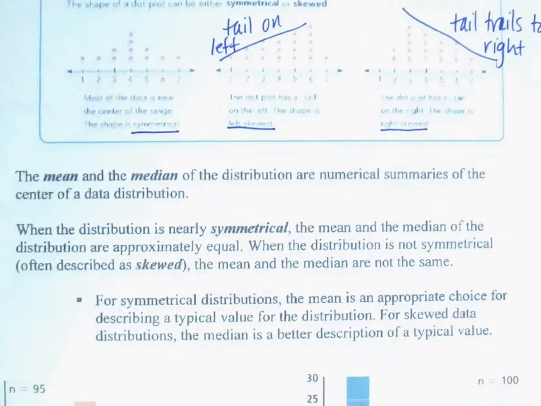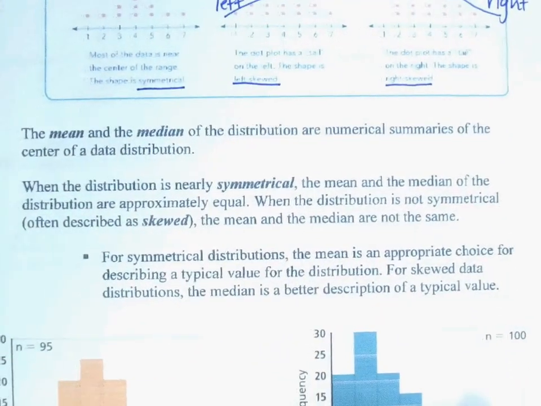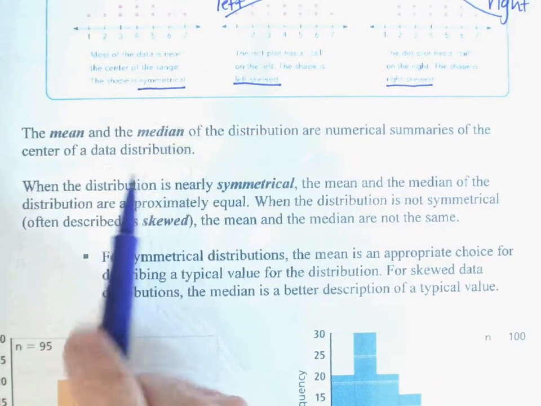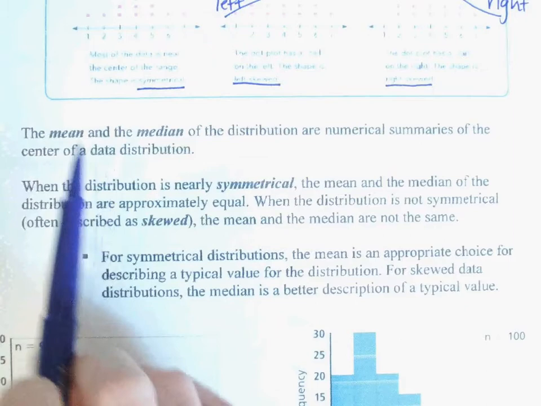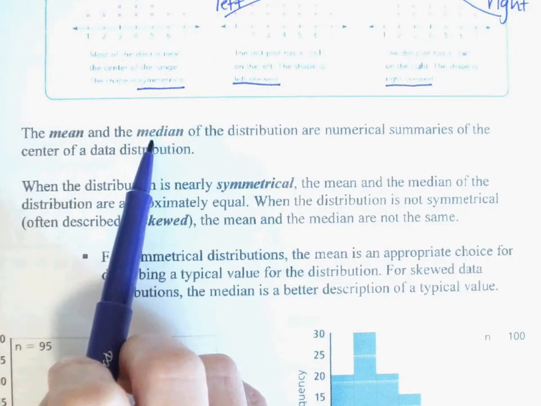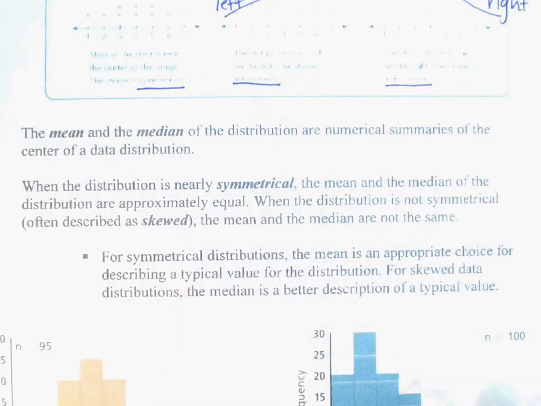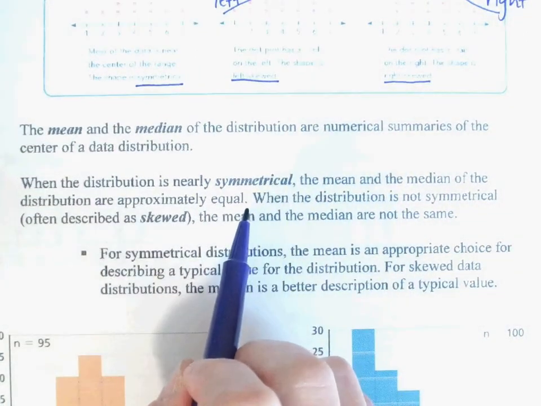All right, the next thing that I want to talk about, we talk a lot about our measures of center. The most common ones that are used are the mean and the median, and we use that a lot with symmetric versus asymmetric data. And this part right here is important.